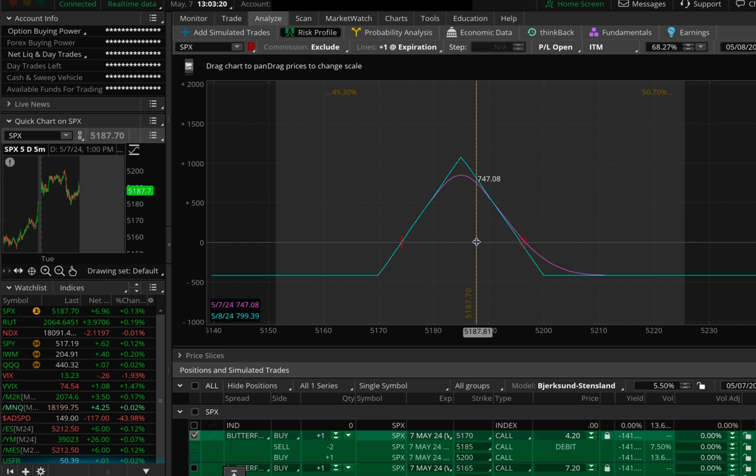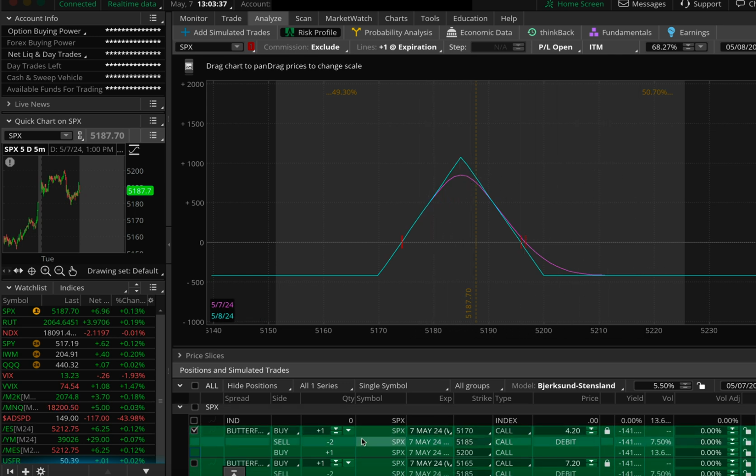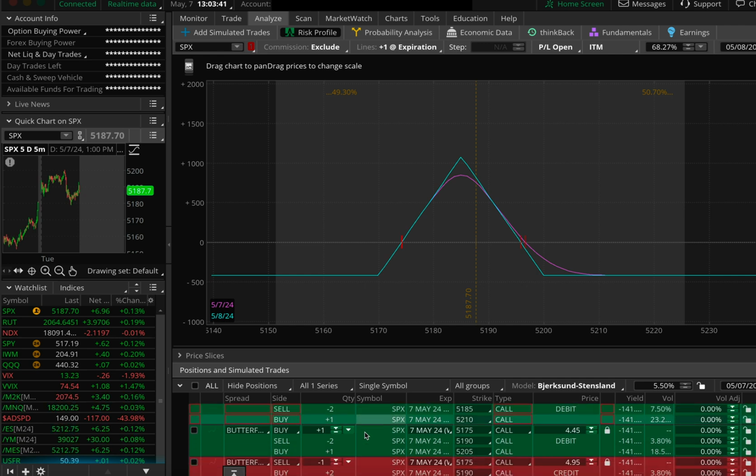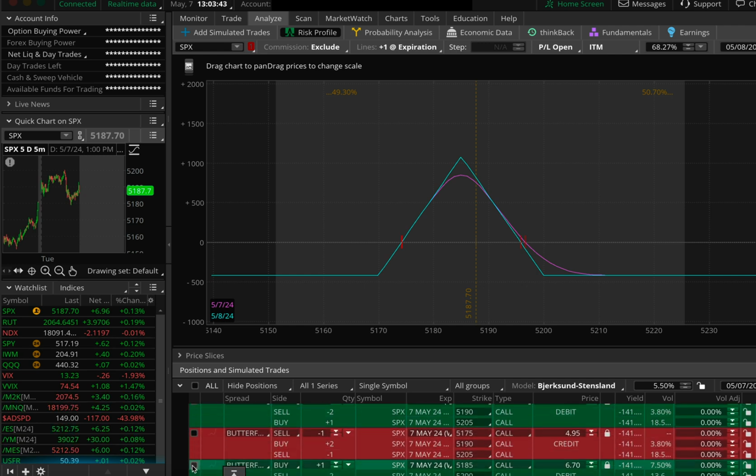There's a couple of them, and I'll go through each of them throughout this process. This adjustment was just to add another same size butterfly, like a 15-point wide butterfly, up in this area here, just to expand that profit tent. So let's take a look at how that would have wound up. So that one is right here.